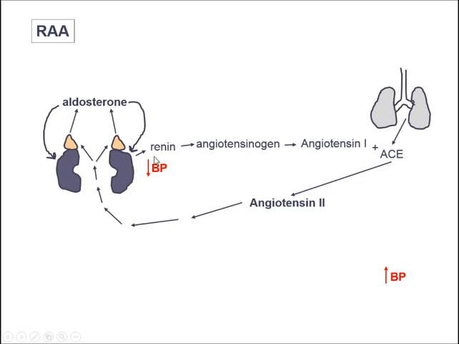I would make a list numbering each step so that you can associate the RAA with both angiotensin 2 and aldosterone and the influence that they have on blood pressure as being secreted in response to low blood pressure, and the end result will be that they increase blood pressure.